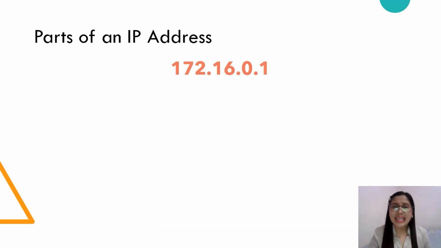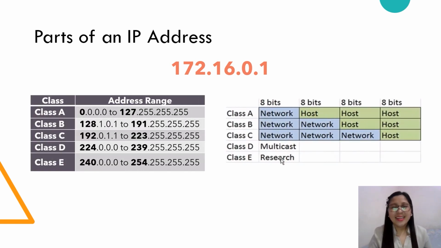Let us consider this IP address 172.16.0.1. With the tables as our guide, let us identify the network and host portion of this IP address. First, determine the class of the IP address. Since its first octet is 172, then it belongs to class B. Then look at the other table.